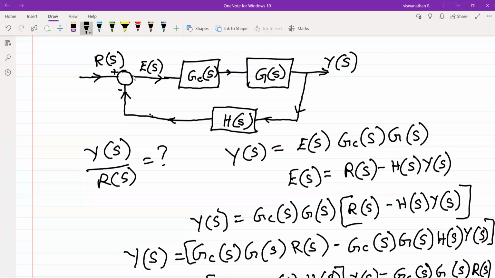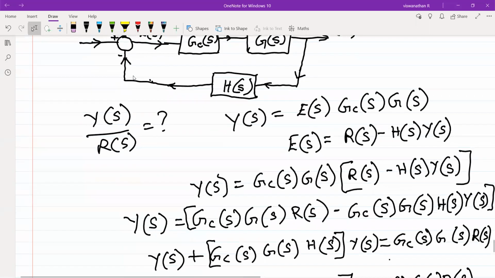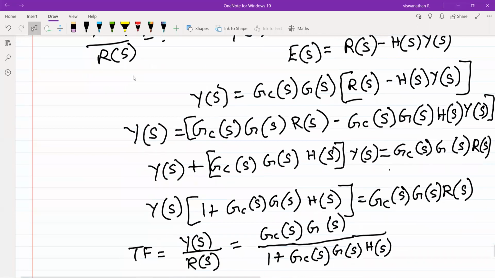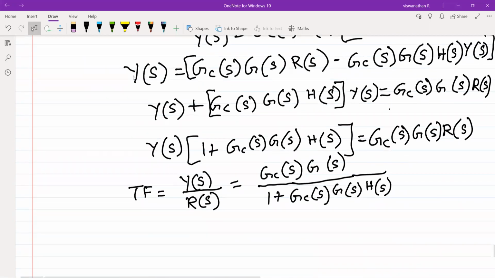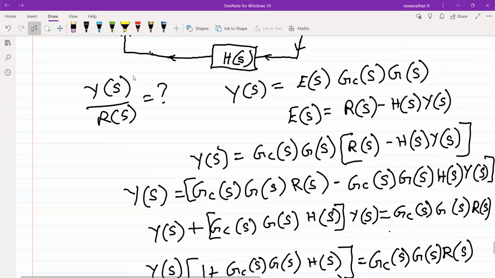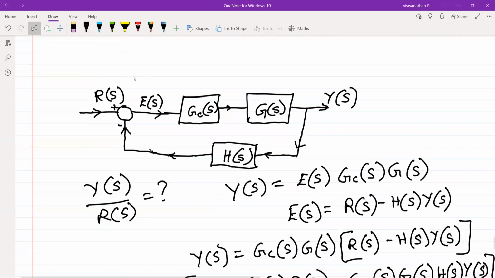Any other doubts in this? No, sir. Okay. So what we have done is we have written just this Y(s) is equal to E(s) into Gc(s) and G(s).